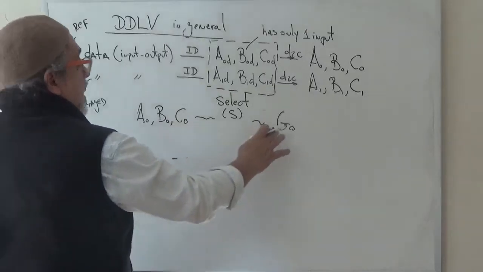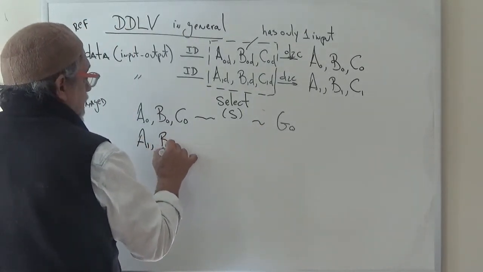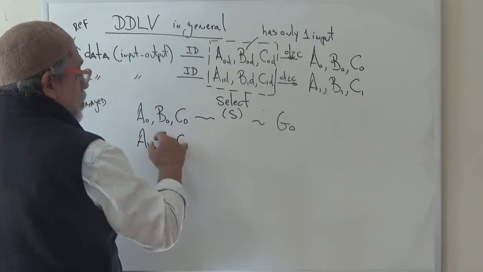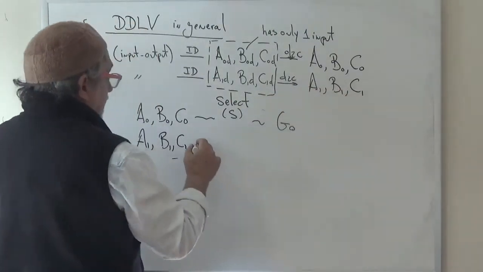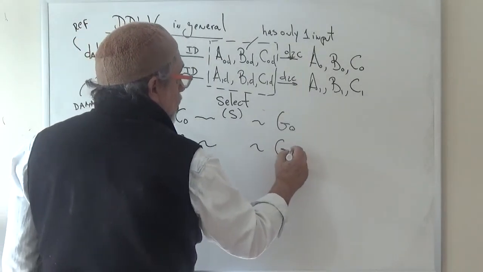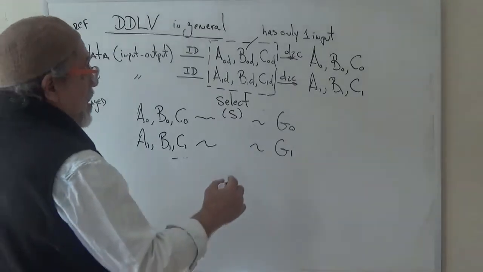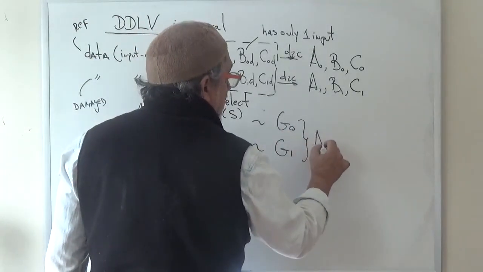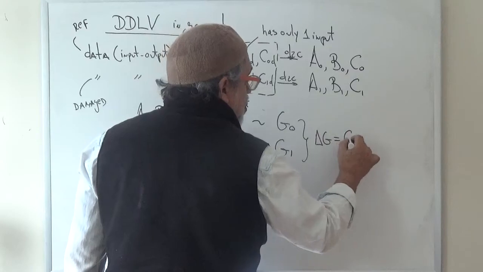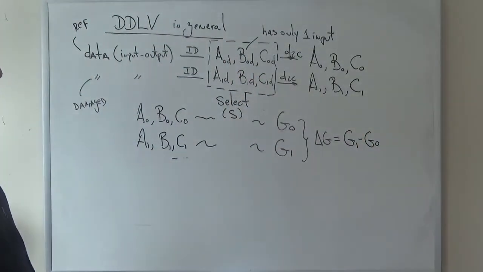That's going to be only at the measured coordinates. With A1, B1, and C1, which are already in continuous time, in the damaged state, and the same S, you get G1, right? Now that you have G0 and G1, you get delta G, which is just G1 minus G0. So that's the change in the transfer matrix.